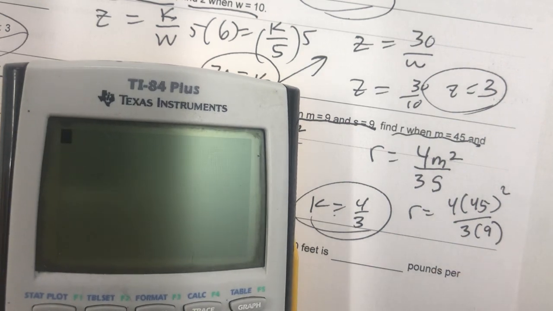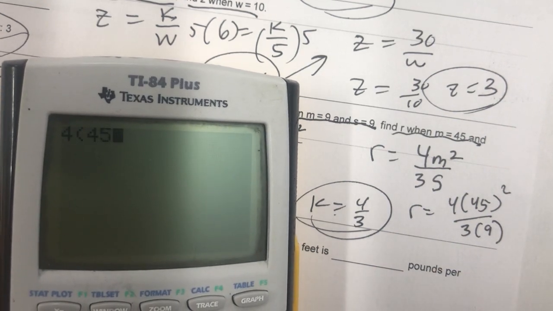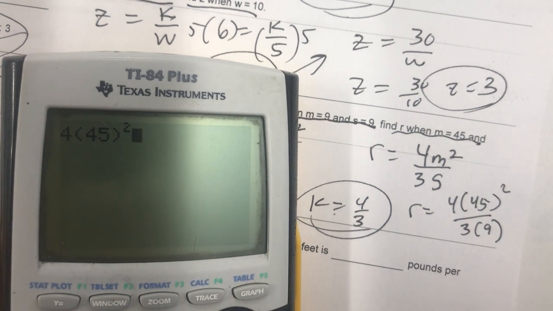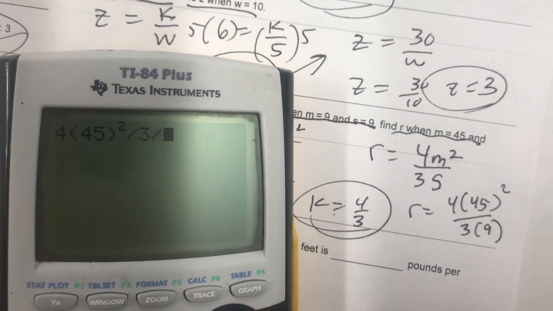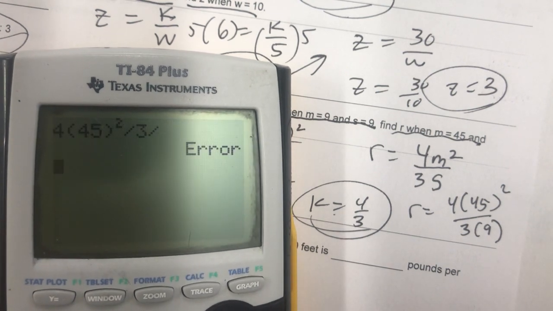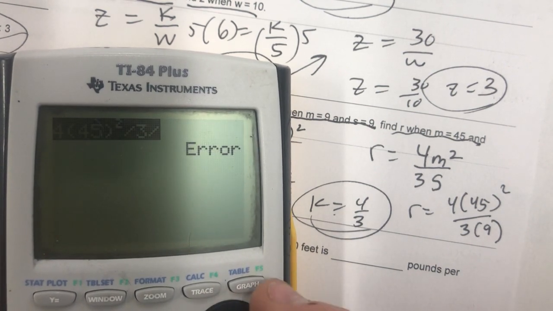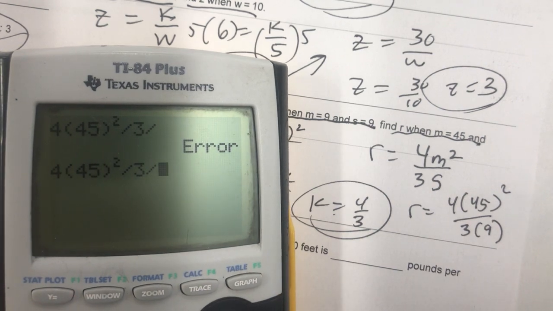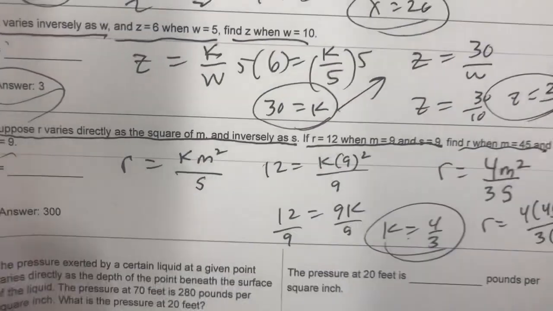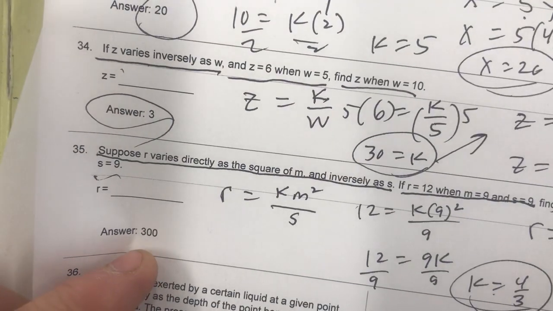I'm going to do 4 in parentheses 45 squared, and I'm going to divide by 3, and we'll divide again by 9. Oh, I didn't hit my 9 very good. There it goes. 300. And that's what the answer is supposed to be, 300.